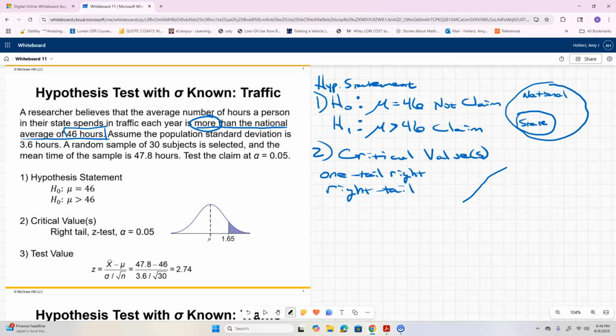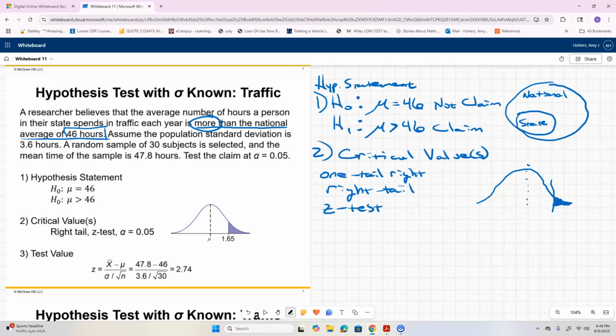Our picture is going to look like this. Ooh, not like that. That looks horrible. It's a little bit better. Okay, so we're only looking to the right side of our normal curve. And we're doing a z-test. How do we know we're doing a z-test?